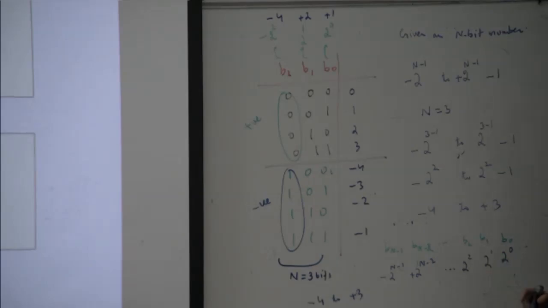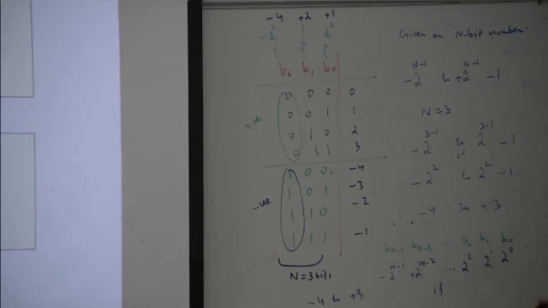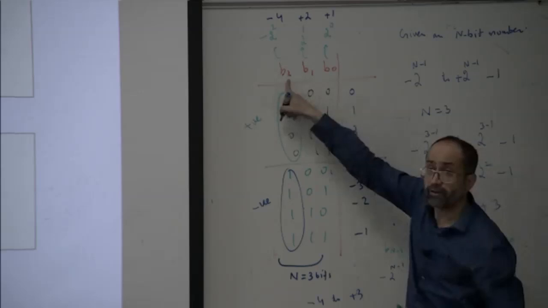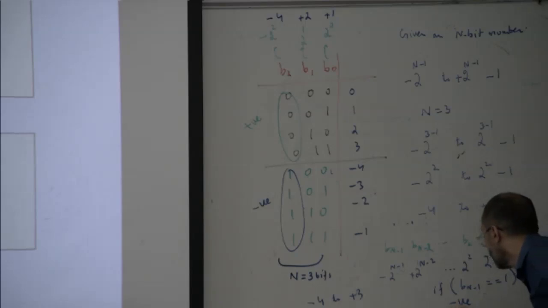So in general, if bn minus 1 is equal to 1, what does it imply? The most significant bit is 1, so the number is negative, and otherwise it is positive. Got it?